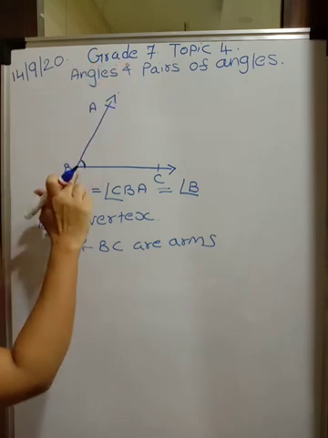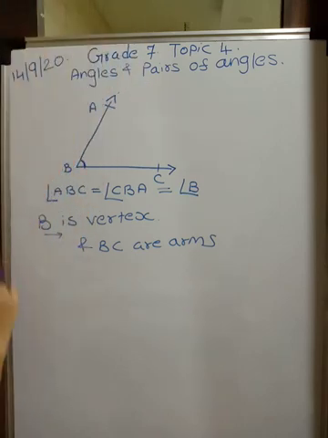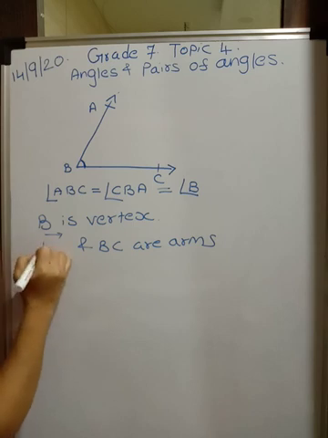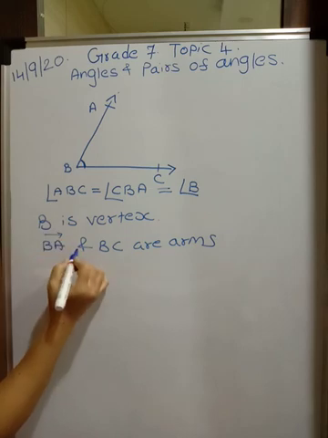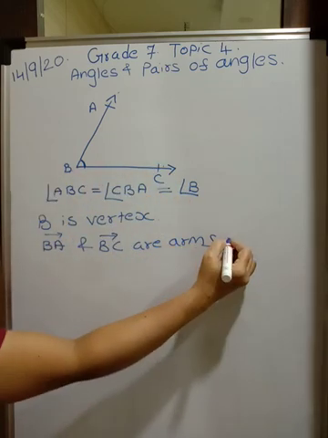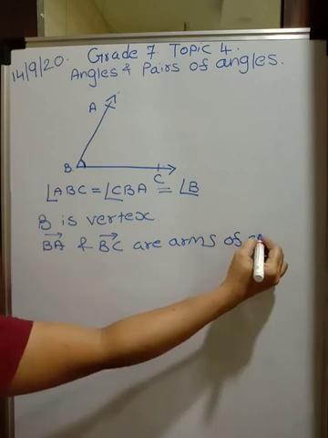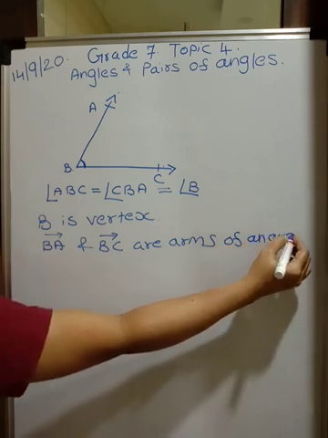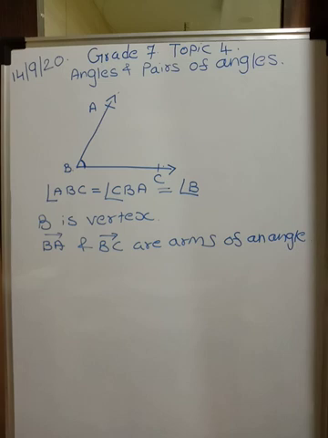So ray has one end point and other end extends infinitely. So it is moving from B to A. So ray BA and ray BC, they are arms of angle. Arms of an angle. Alright?